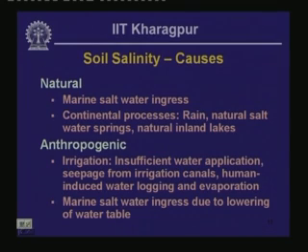That is not so much of a problem in India, although a significant proportion of the irrigated area of our country is also affected by irrigation related salinity. But what we are interested in here primarily is marine saltwater ingress caused by lowering of groundwater table.